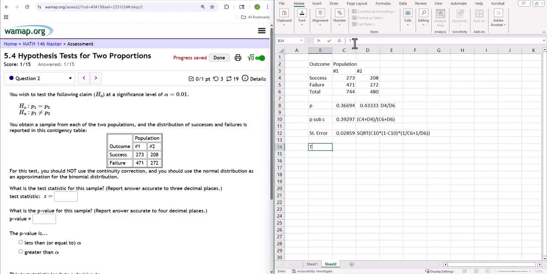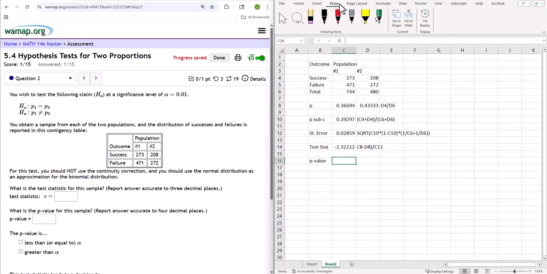So my test stat is then P sub 1 minus P sub 2 divided by our standard error, and we need to get a p-value.